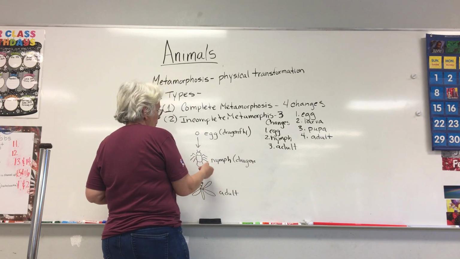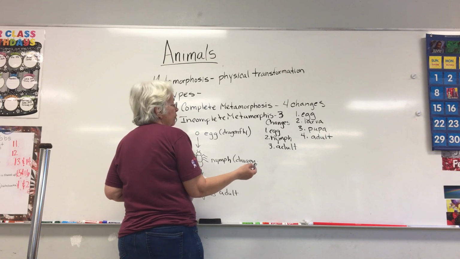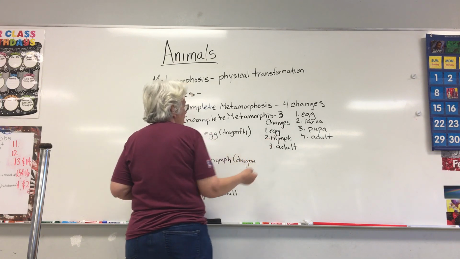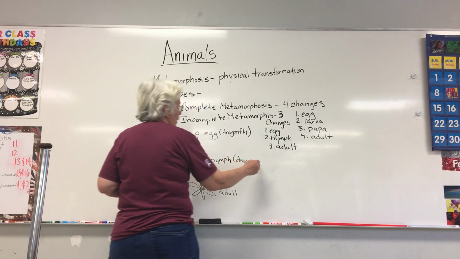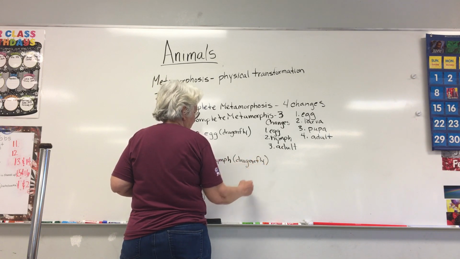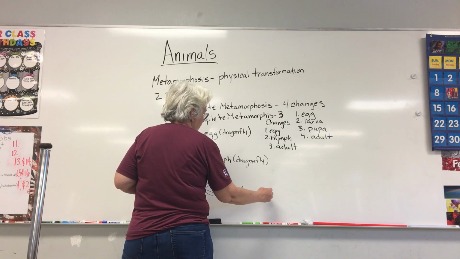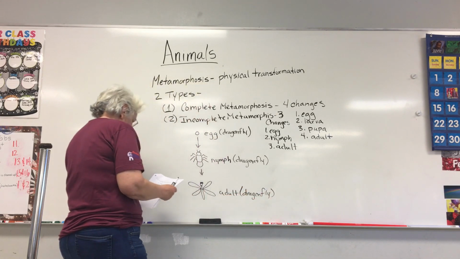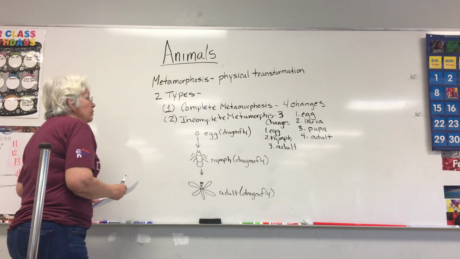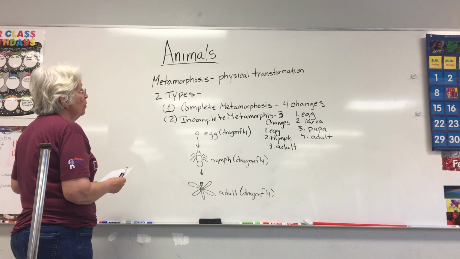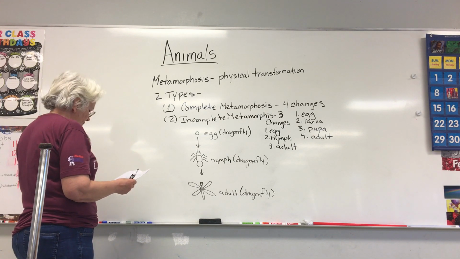They just change from a nymph to an adult, okay? And then we have the adult stage, and this is the adult dragonfly. All right, so that's talking about metamorphosis, physical transformation.